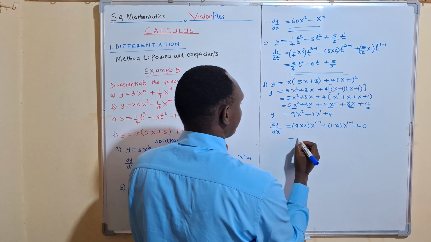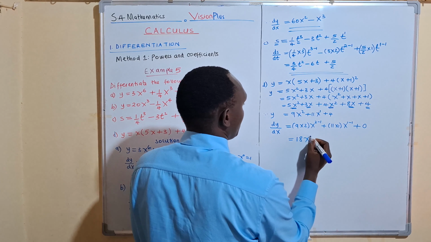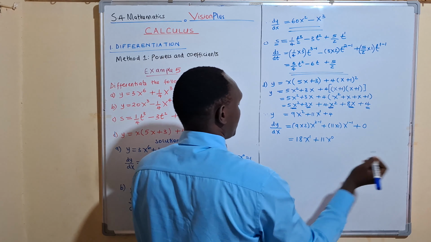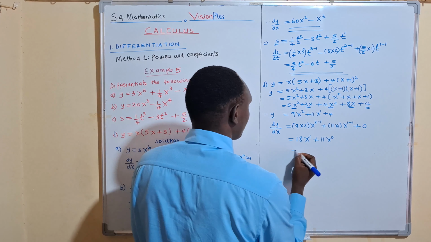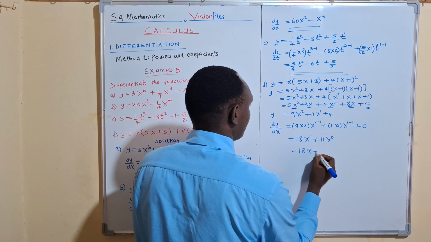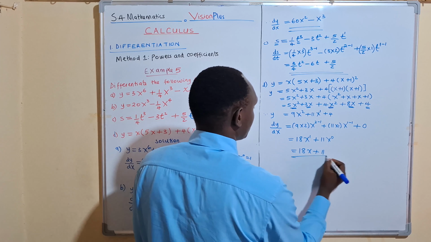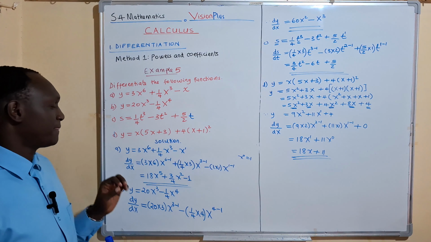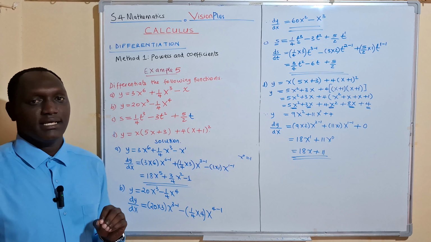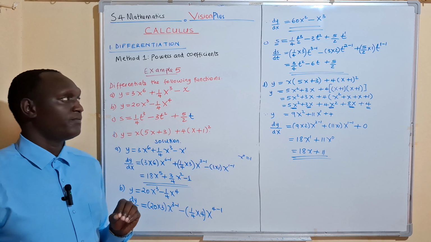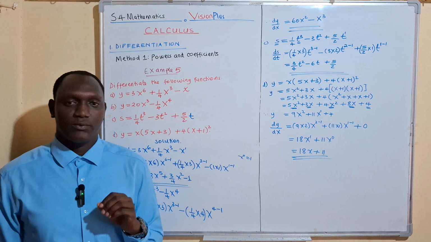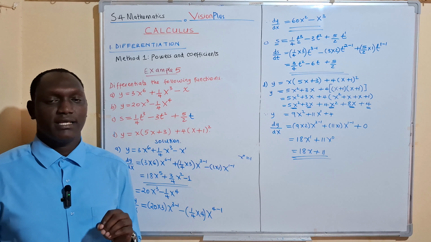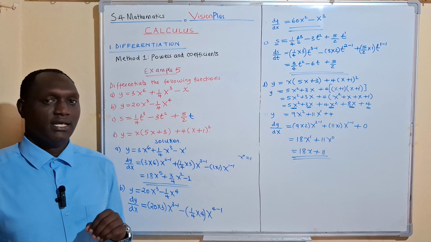That means we shall have 18x power 1 plus 11x power 0 plus 0. This now gives us 18x plus 11. So this is the derivative of the function in part D. And this is the overall solution to example 5, which is the last example that we are doing under operating powers and coefficients to find the derivative of a given function.